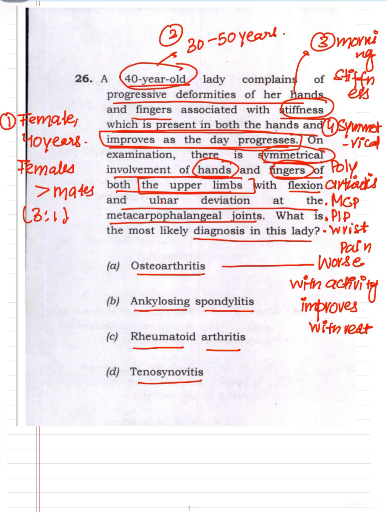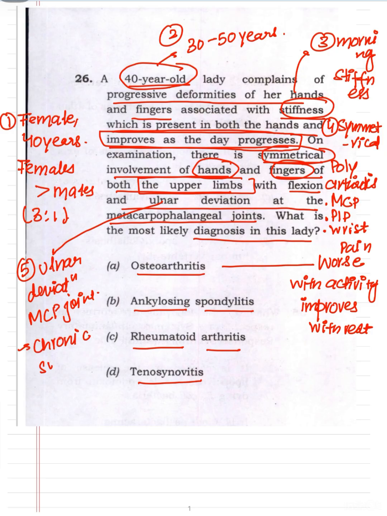Then the fifth clue is ulnar deviation. Ulnar deviation at metacarpophalangeal joint, which is due to chronic synovitis in rheumatoid arthritis, ligament laxity, and joint destruction.